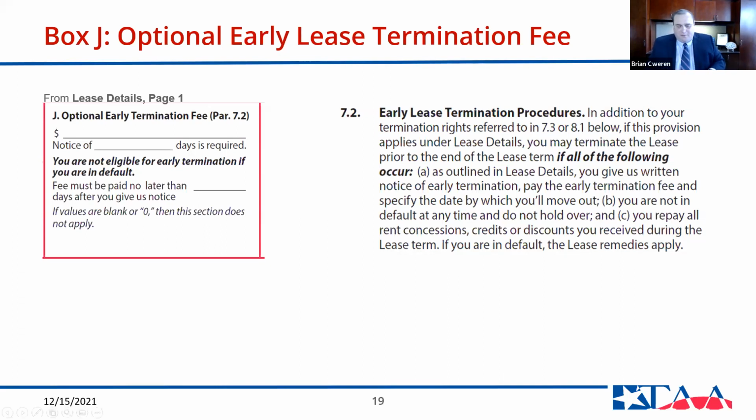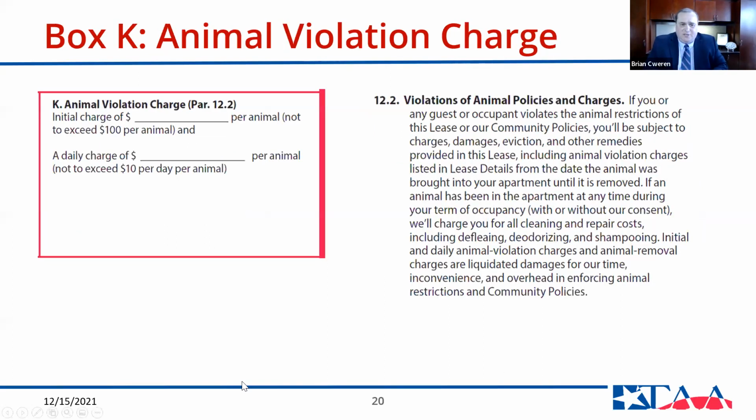Moving on to our next section is the animal violation charge, making it really clear again on the first page of the lease the initial charge for having an unauthorized animal, and then the second blank line, the daily charge. And as you see in the lease in 12.2, it sets forth the details of when we can charge this.